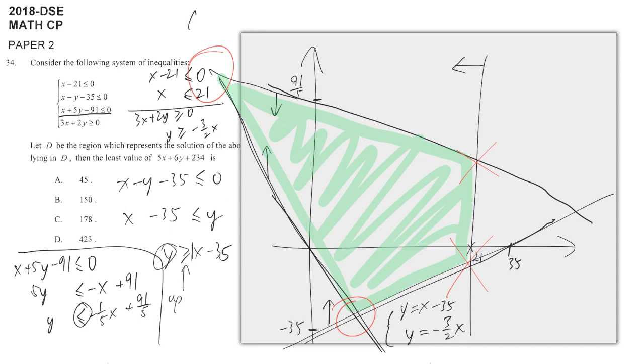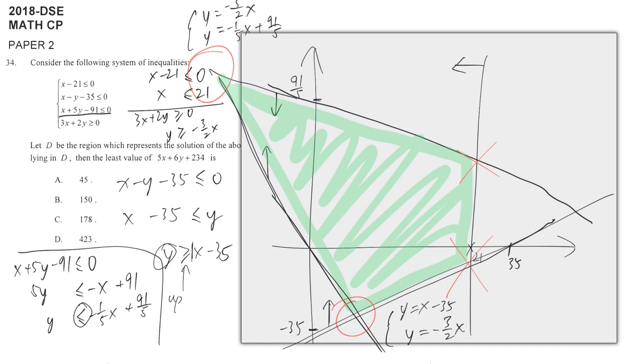So this point is talking about y equal to negative 3 over 2 x, and the intersection with y equal to negative 1 over 5 x plus 91 over 5. You are going to solve for these 2 points, and then substitute inside to see which one is the least value.